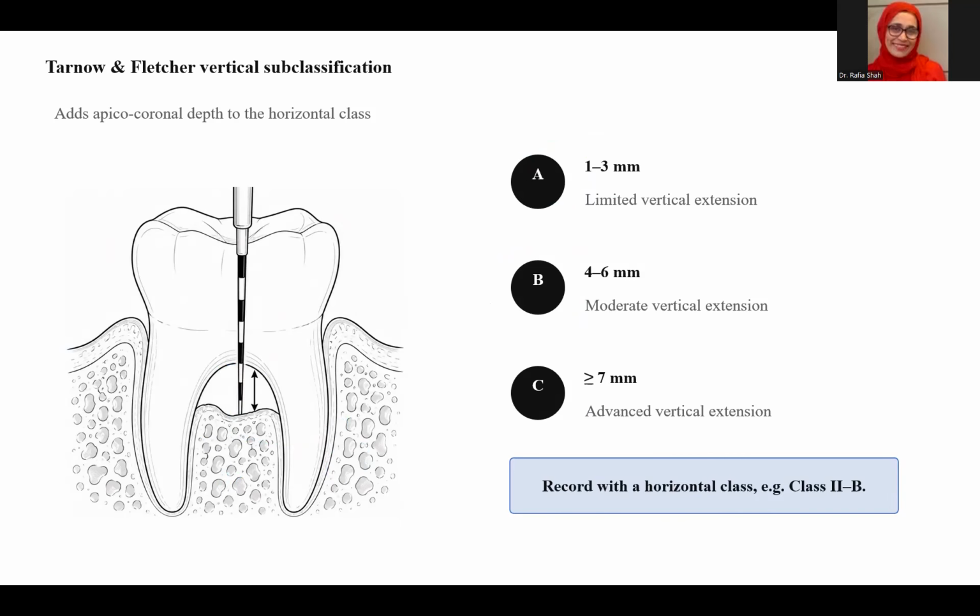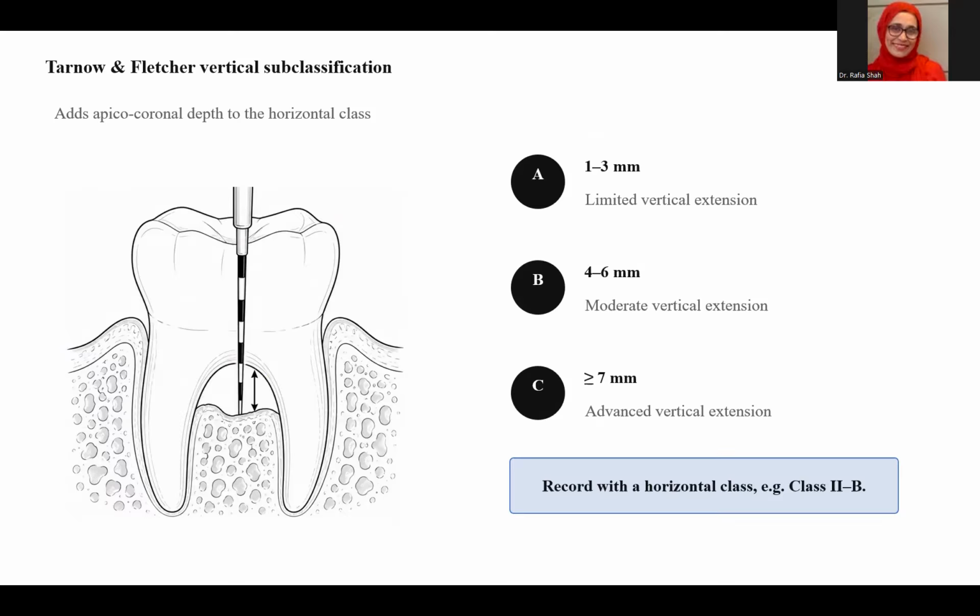Horizontal depth is already talked about by Nyman, Linde, and in descriptive terms by Glickman. But in vertical direction, it is further added as 1 to 3 millimeter loss as class A.